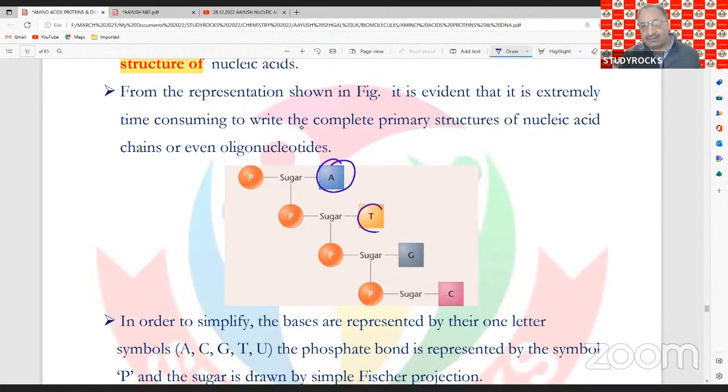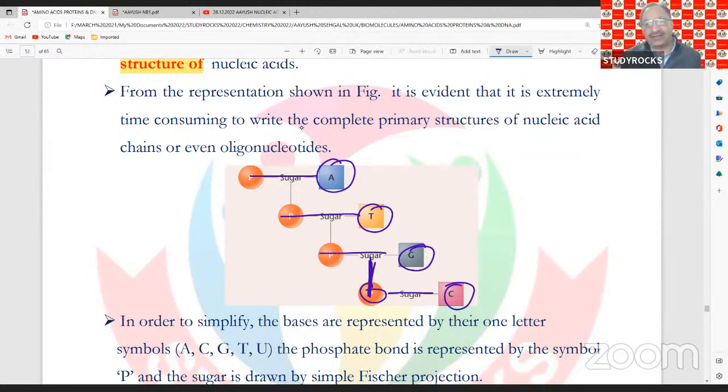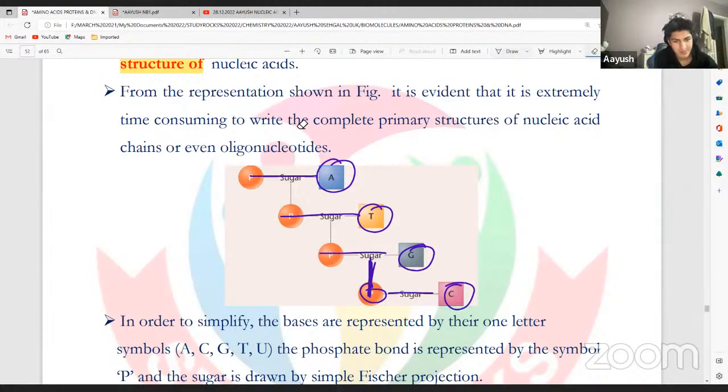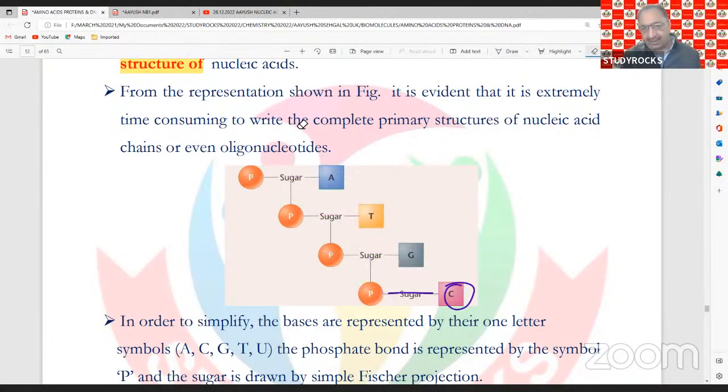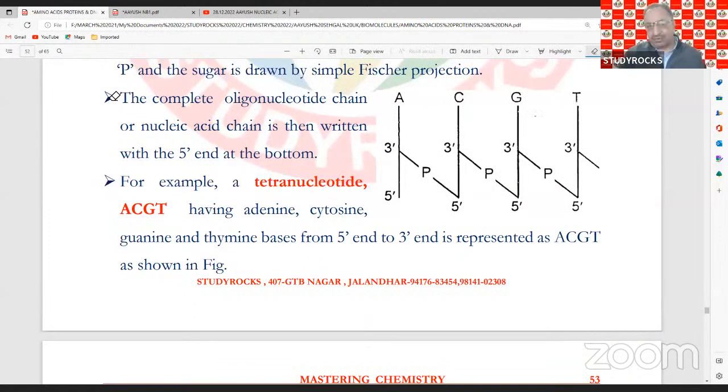This is adenine, thymine, guanine, cytosine, combining with sugar and phosphate. Sugar and phosphate, sugar and phosphate. It is a nucleotide, and phosphate joins with sugar. This is the phosphodiester bond, combining two nucleotides. Otherwise, all nucleotides are single in themselves. Got it?